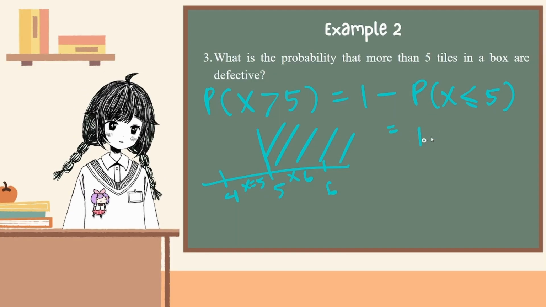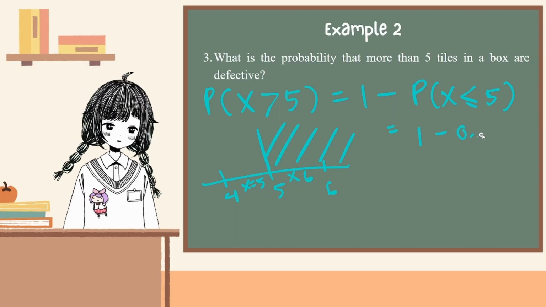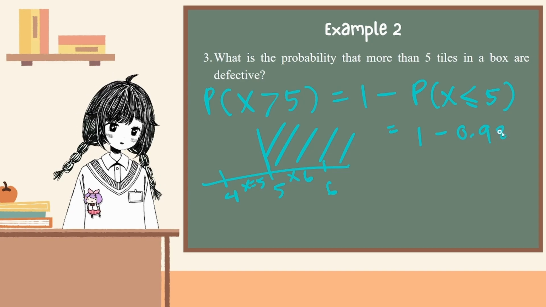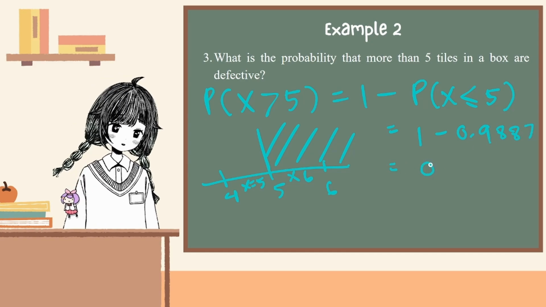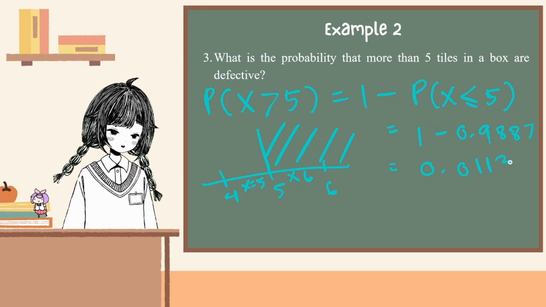So 1 minus 0.9887. The final answer is 0.0113.